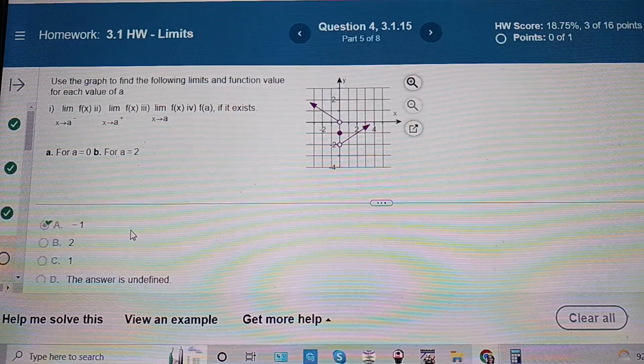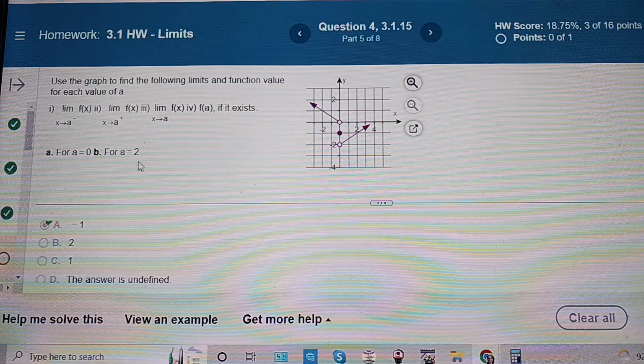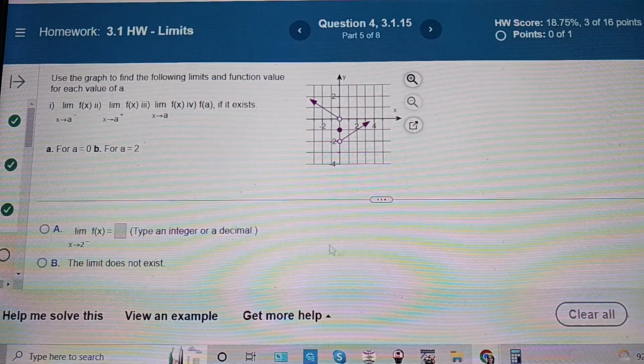Sometimes all 4 of them are exactly the same. That can happen. In fact, it's going to happen here next with 2, and that's why they have 2 parts here. When a is 2, if you get really close to 2 on the left, like 1.9999, you would go down, and then you would hit the graph right there, slightly below -1. But close enough to -1 to say that that's -1.